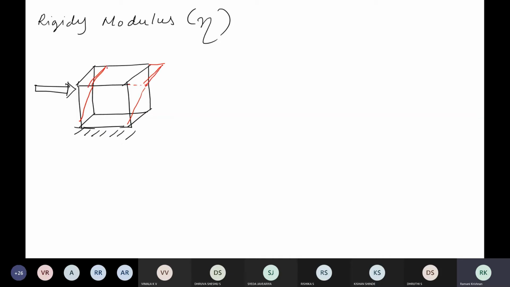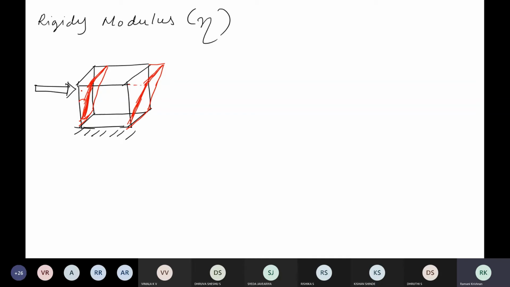Let me draw it a little better. The cube is getting tilted because of the force which is applied, and this angle is theta.